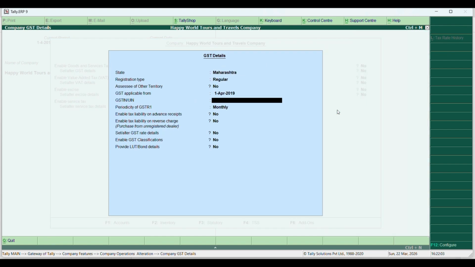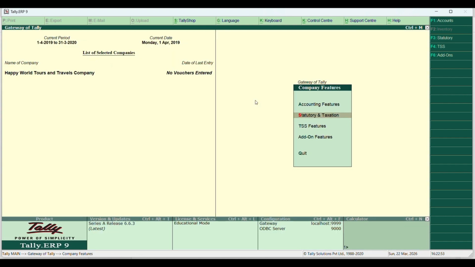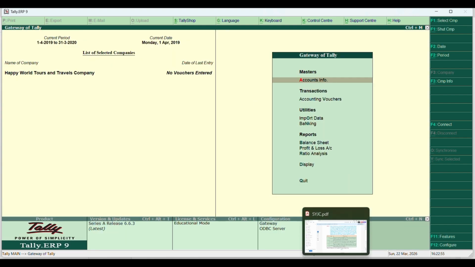The GST TIN number starts with 27, which is the code for Maharashtra, followed by the remaining characters of the number. Rest all remains the same. So yes, this will be Ctrl+A. Come out. Let's see the question.